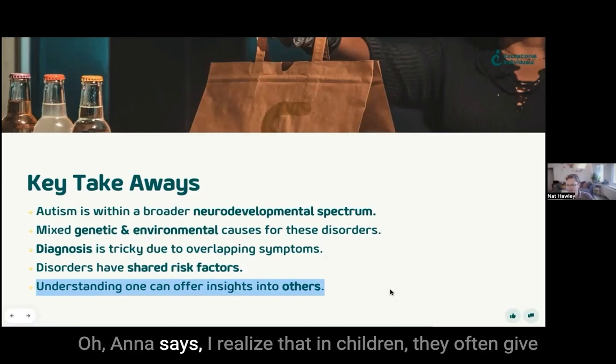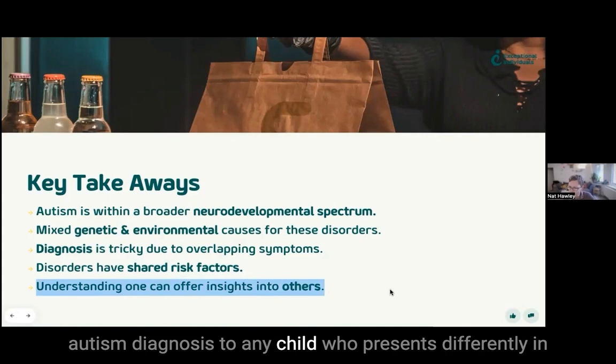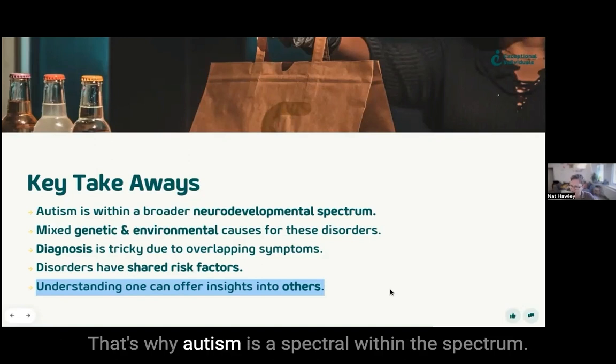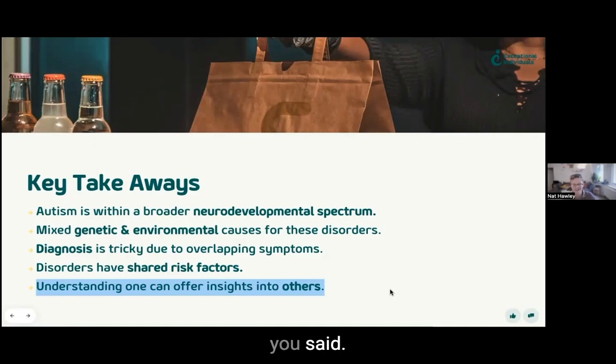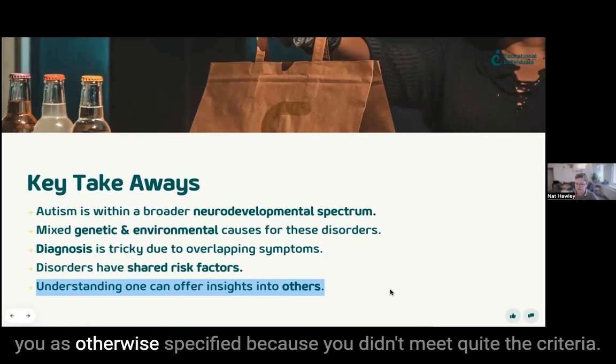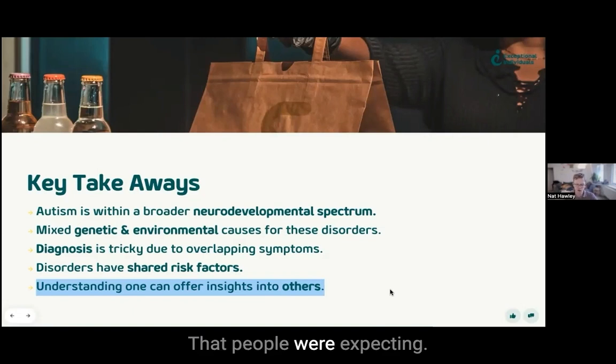Oh, Anna says, I realize that in children, they often give autism diagnosis to any child who presents differently in their development, especially when they have no explanation. That's why autism is a spectrum within the spectrum. Yeah, and beforehand, they used to just diagnose you as otherwise specified because you didn't meet what people were expecting. It's just one diagnosis.